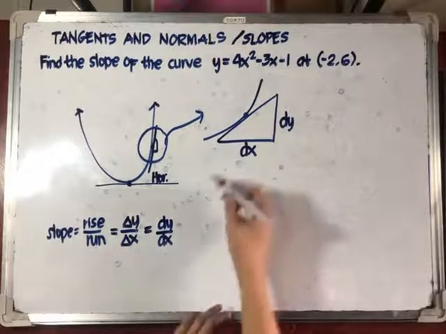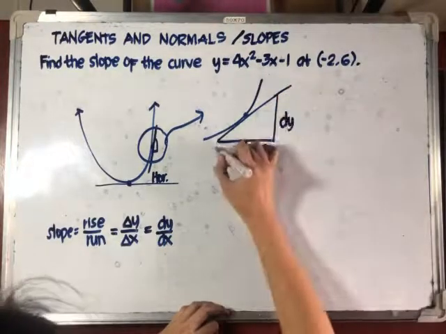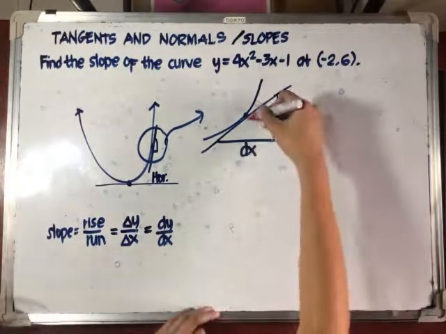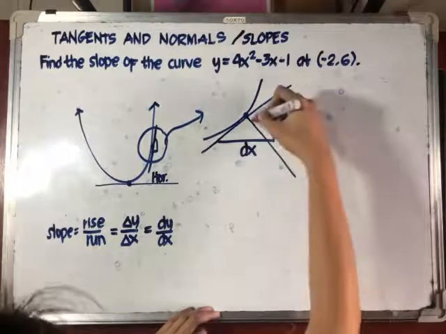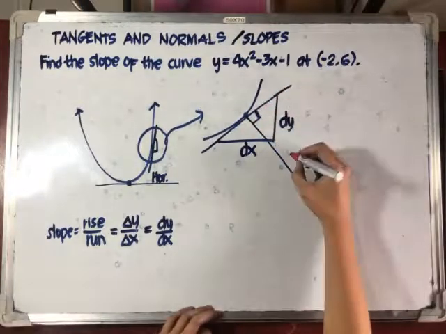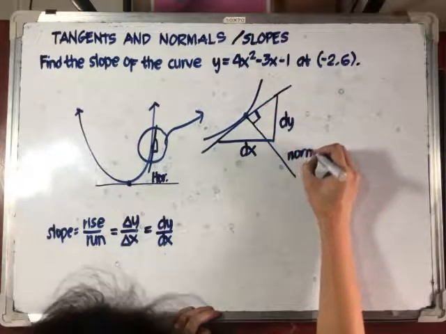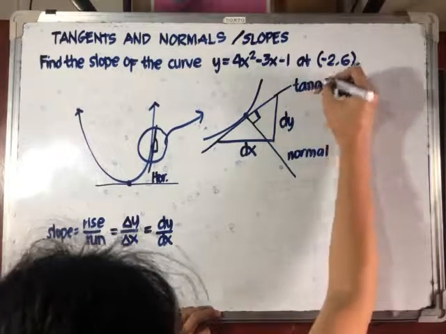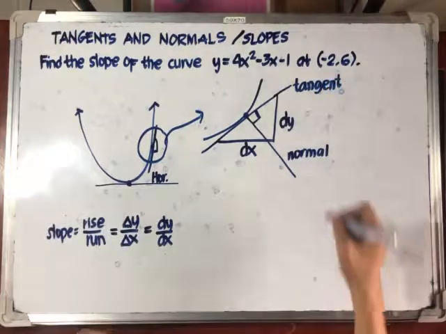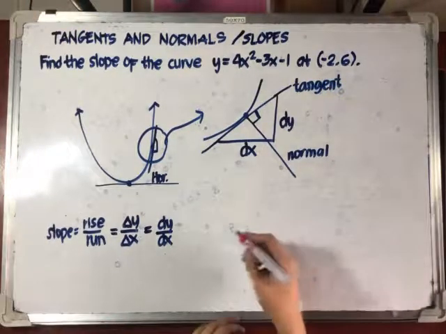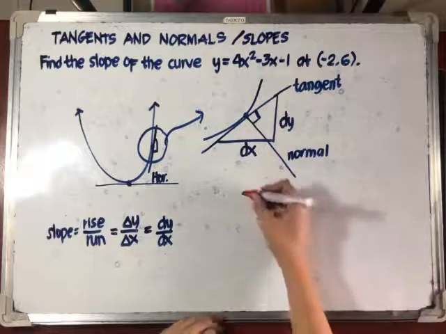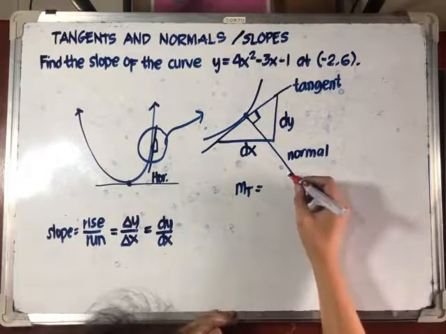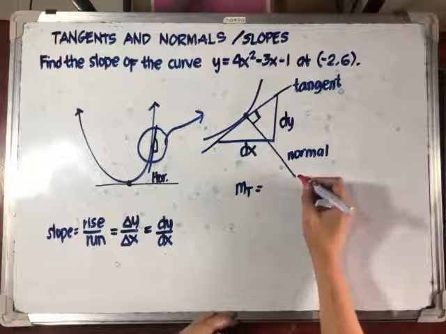This line, we call this our tangent line because it is tangent at that point. And consequently, the one that is perpendicular to that, we call this our normal line. What we need to remember about tangents and normals is their slope. The slope of your tangent line is dy over dx, which is our y prime.